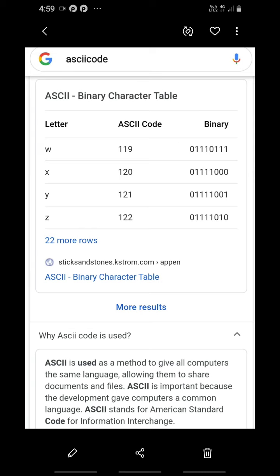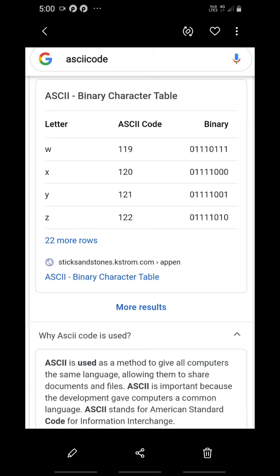Their ASCII codes are 119, 120, 121, 122. So the binary form is 0, 1, 1, 1, 0, 1, 1, 1. And 120 binary ASCII code is 0, 1, 1, 1, 1, 0, 0, 0. The next, 121 ASCII code binary form is 0, 1, 1, 1, 1, 0, 0, 1. And 122 ASCII code binary form is 0, 1, 1, 1, 1, 0, 1, 0.